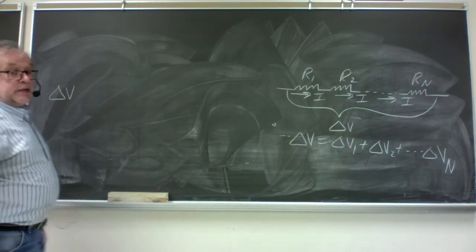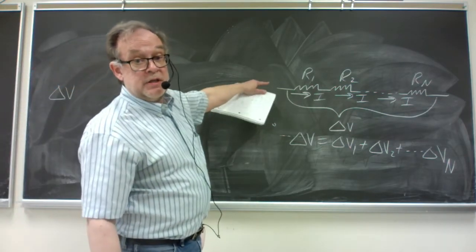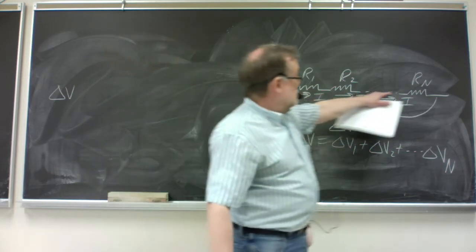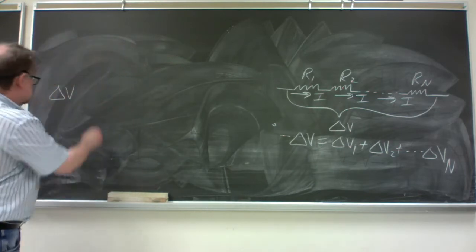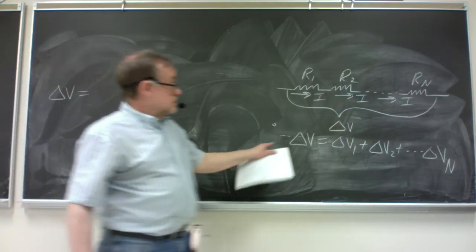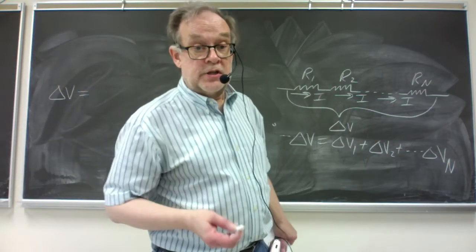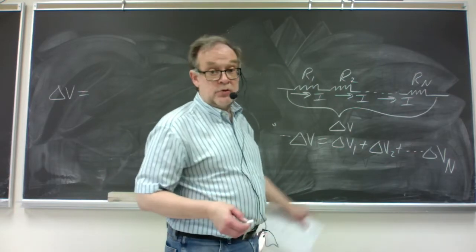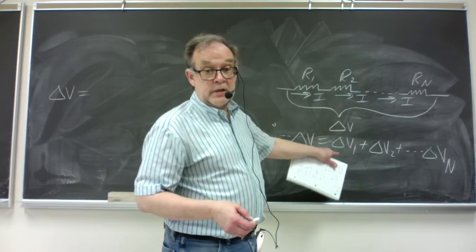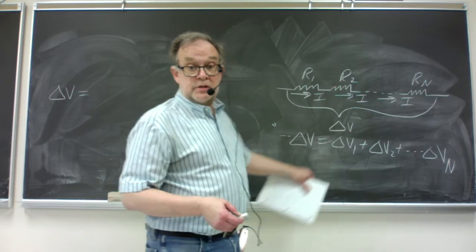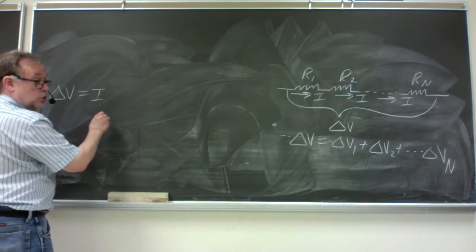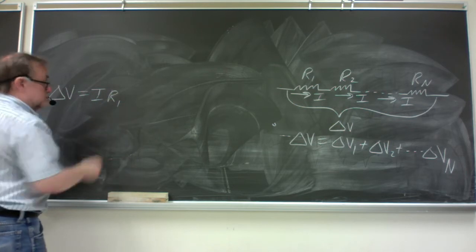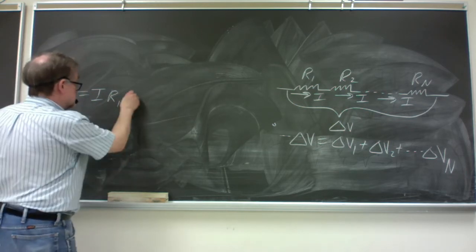The grand total potential difference between the entrance to the first resistor and the exit from the last resistor is the sum of the potential differences across the individual resistances, but now using Ohm's law, we know that this is current times resistance. The same current through all n resistors times the first resistor's resistance.